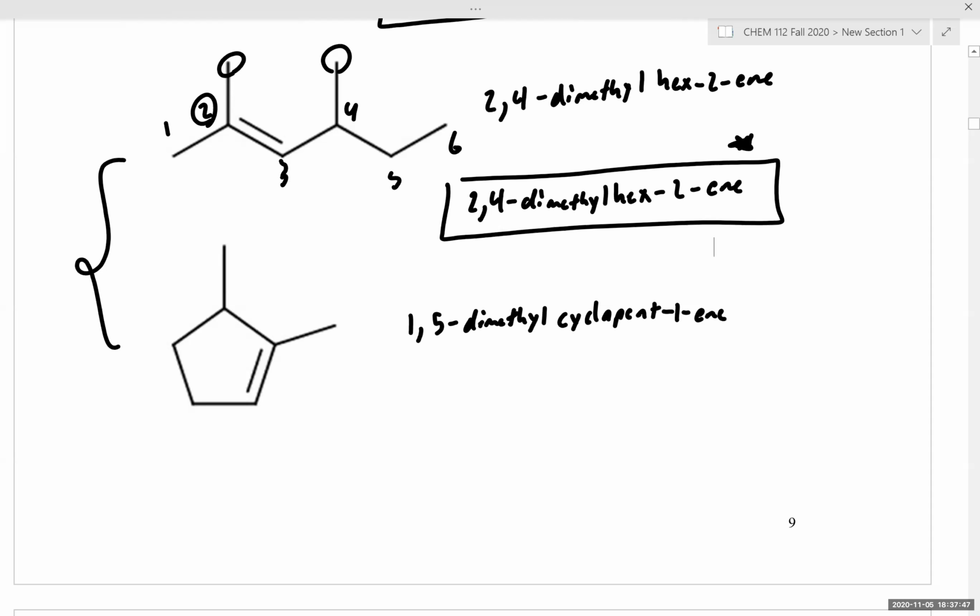Cyclo because it's a cyclic system. That would entail the following counting method. We also have, as an alternative name proposed in the chat, 1,2-dimethyl cyclopent-2-ene, okay?